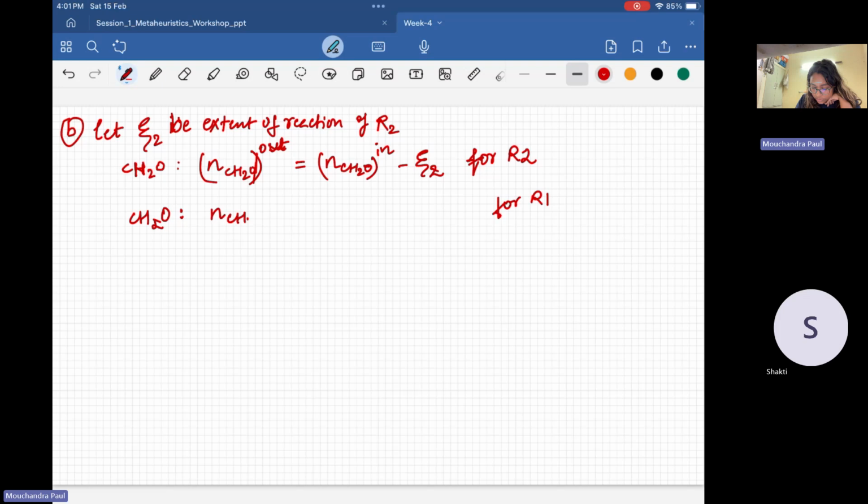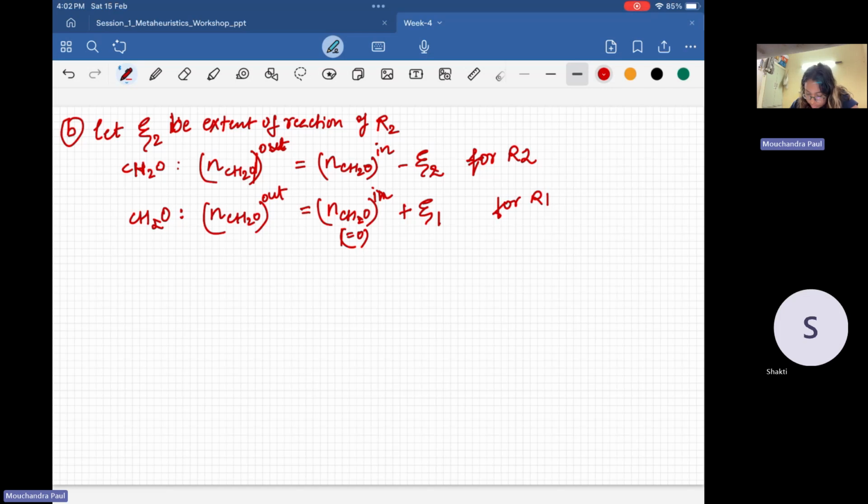How would it look? Now, this is for R1, or reaction 1. In reaction 1, we are not adding any formaldehyde, so this part will be 0, right? And we already know the extent of reaction for reaction 1.